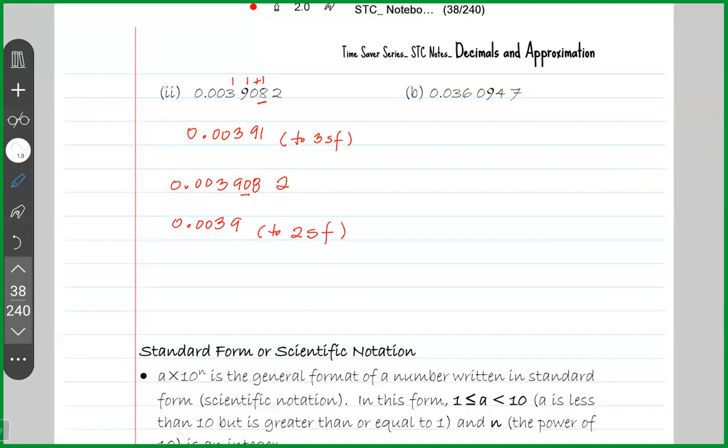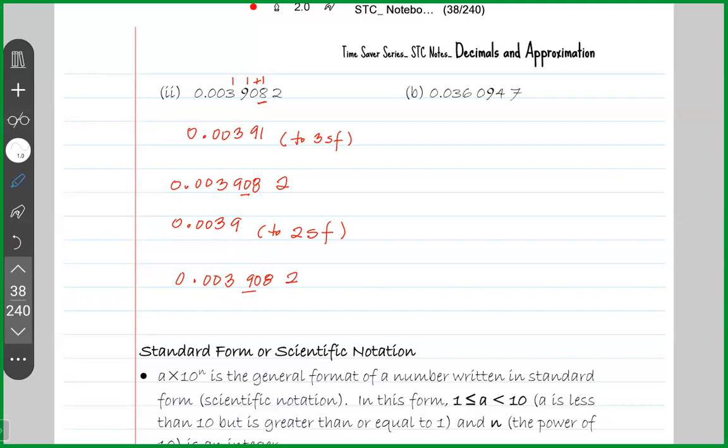Lastly, the same number, 0.0039082, to 1 significant figure. I would look at the digit which is the second significant figure.